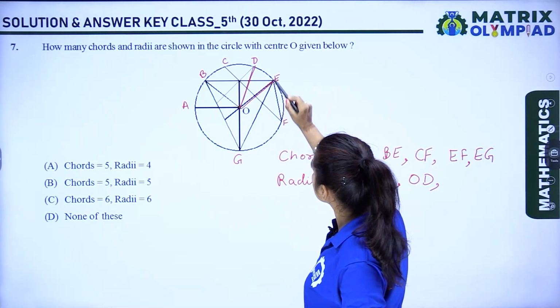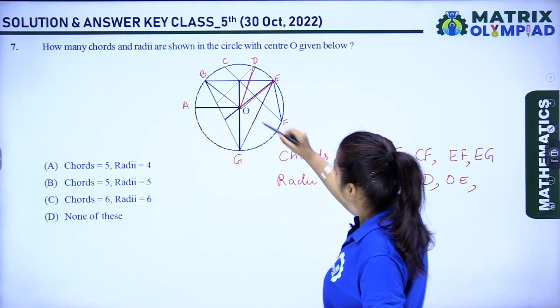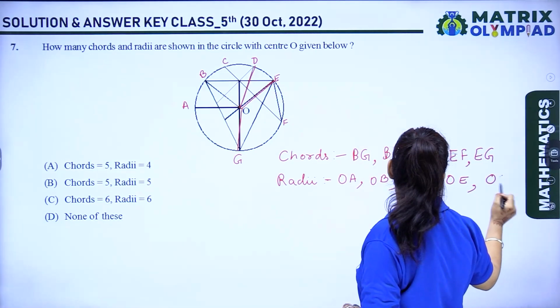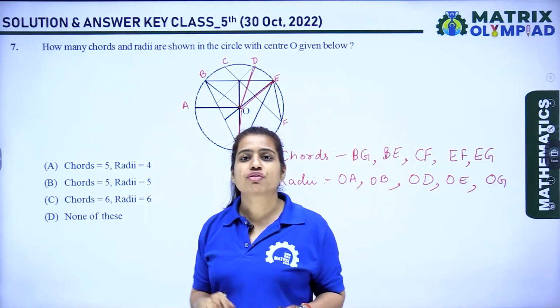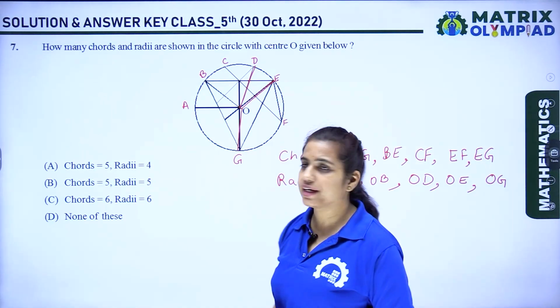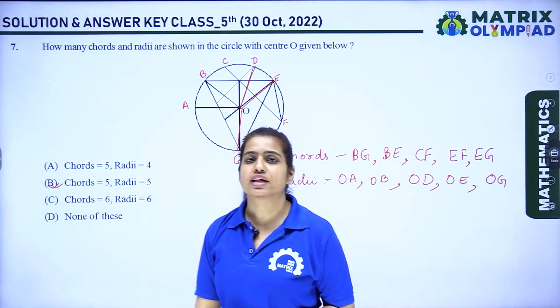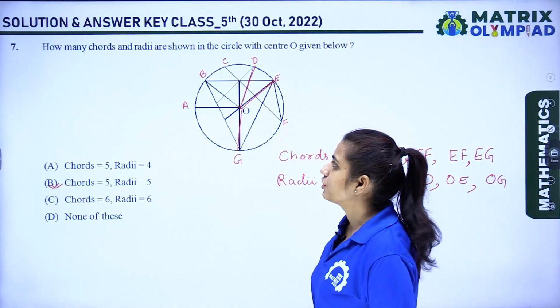Next one is OE. And the last one is OG. So here we have 5 chords and 5 radii. So we can say that option B is the correct answer. Now let's begin with the next question.